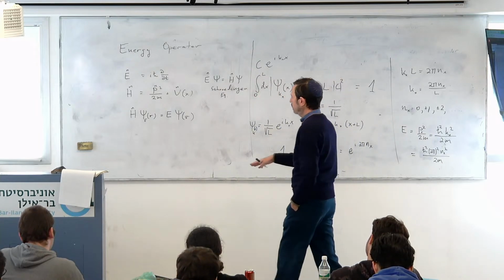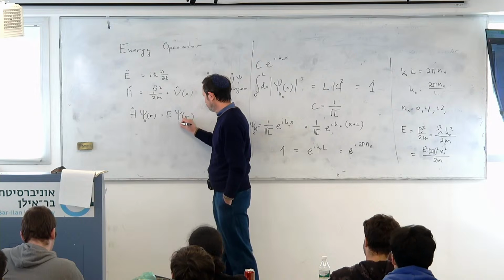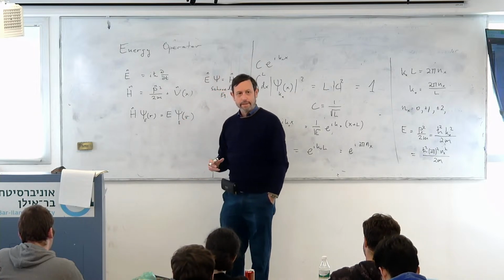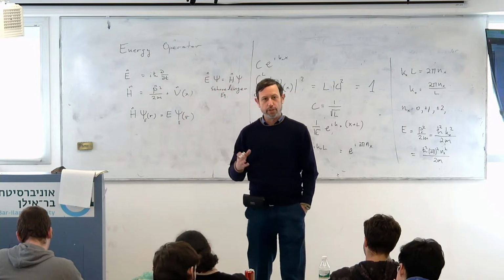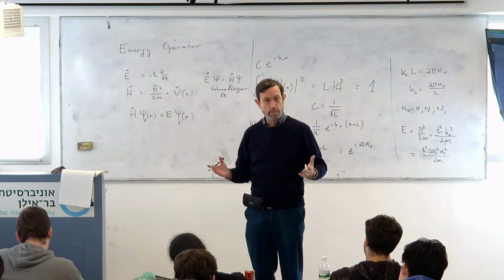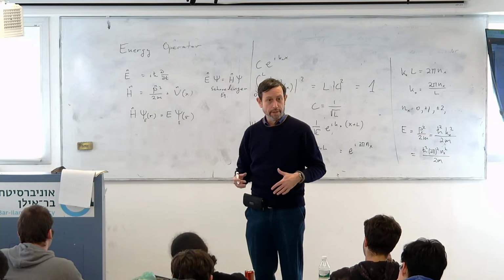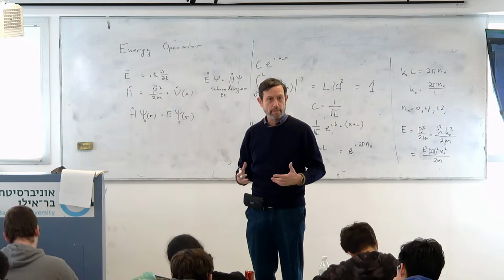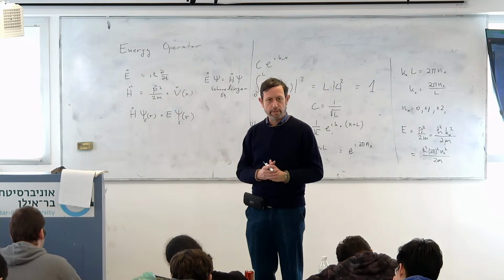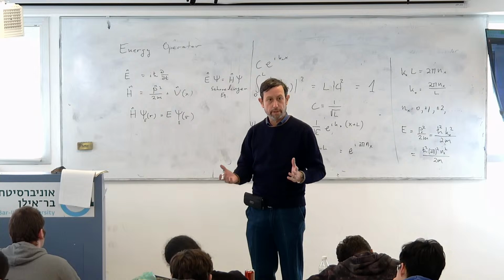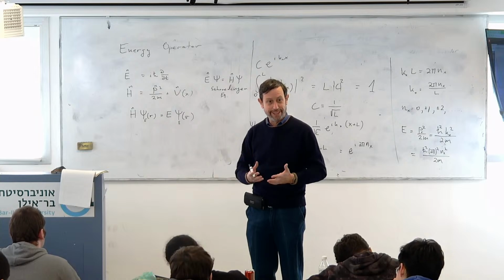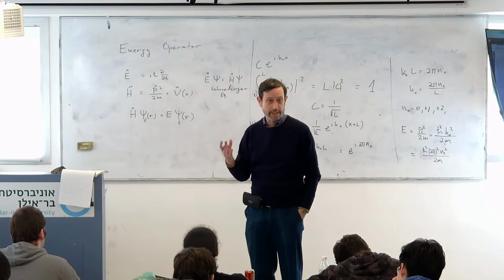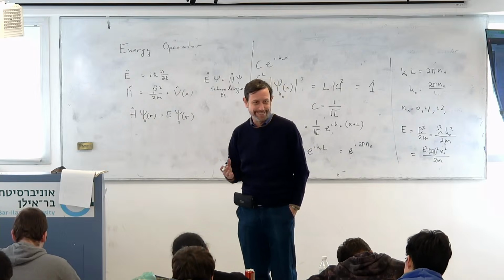And what did I write here? Time independent. It's the stationary Schrödinger equation, but now we understand that we can look at it from a different angle. This is basically the eigenvalue and eigenvector equation of the Hamiltonian operator.